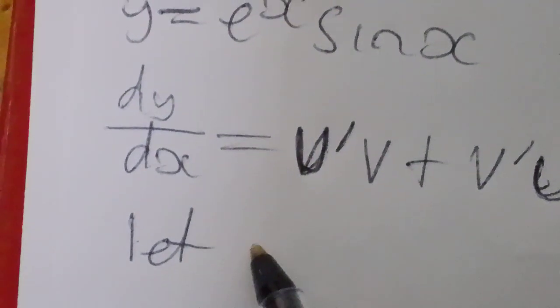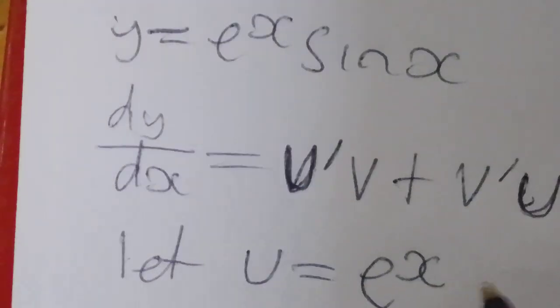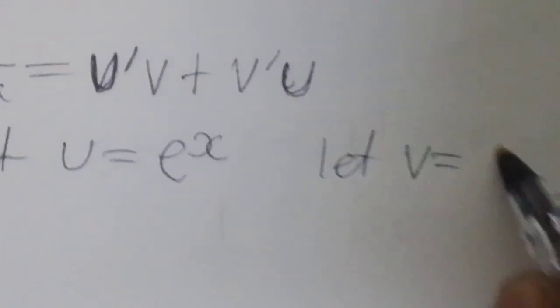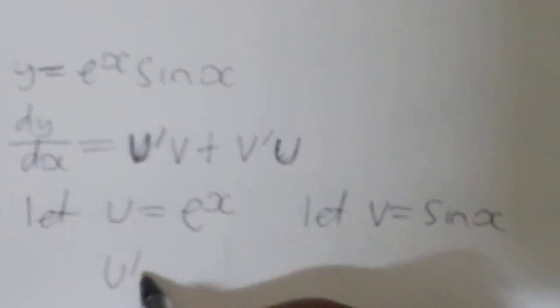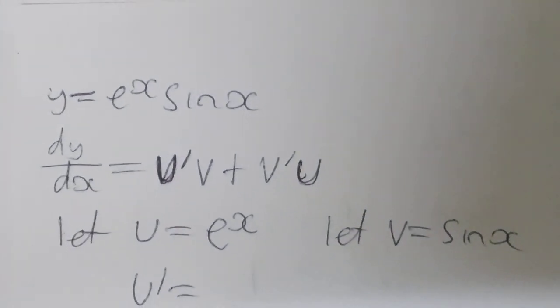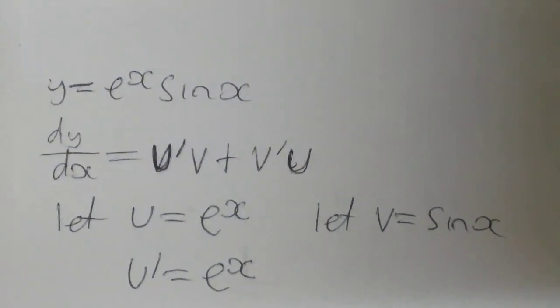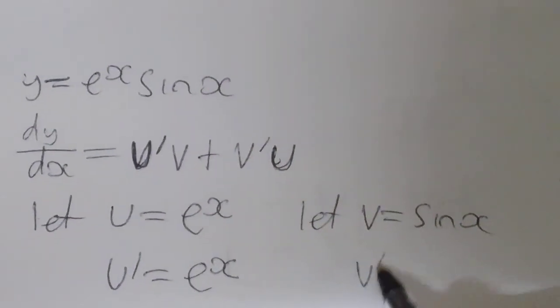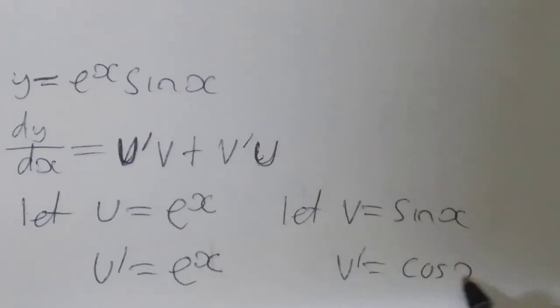So we'll say let u equal to e^x and let v equal to sine x. Then u prime is equal to the differentiation of e^x. The differentiation of e^x is just e^x itself. Then v prime, the differentiation of sine x, is equal to cos x.